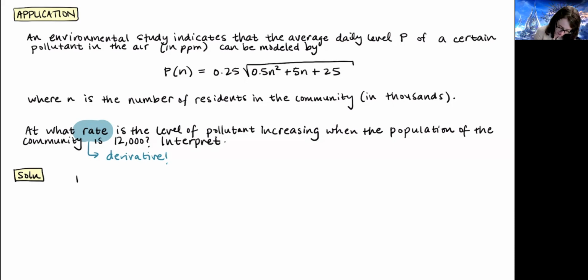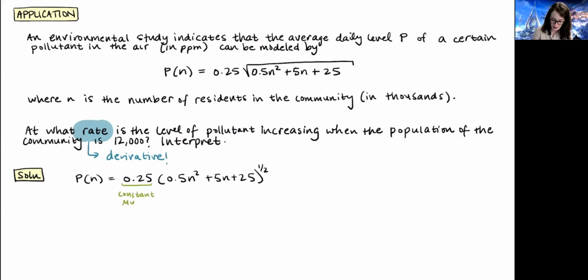Okay, so it might be a good idea to first start, before we differentiate, by rewriting this without a square root and with a 1/2 power instead. Now what we have here is a constant multiple, the 0.25, multiplied by something that is more than just a function of n.